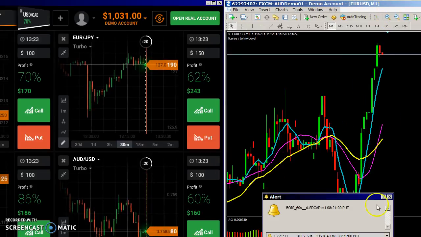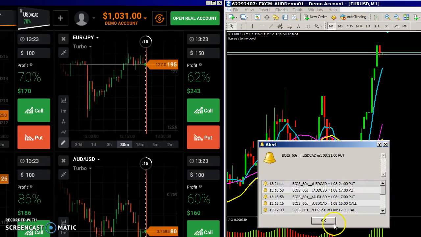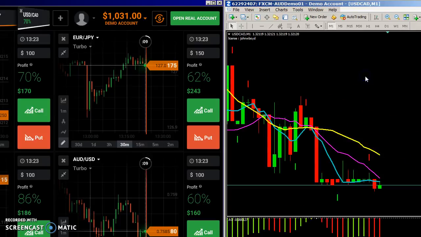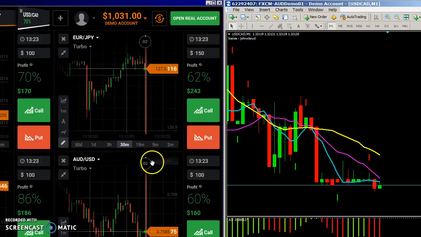I'm going to zoom in a little bit. I've got a first signal already. I got USD CAD put. So let's have a look at that. Looks pretty good, but I'm going to wait for it to go up more first.